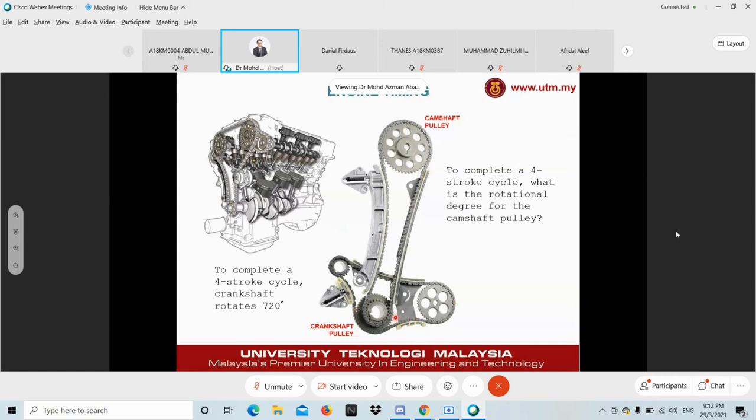If crank pulley rotates 720, camshaft pulley rotates how many degrees? 360. Yeah, it's always half. So if you turn your crankshaft twice, complete rotation, your camshaft pulley will only turn once. It's half of the rotation.